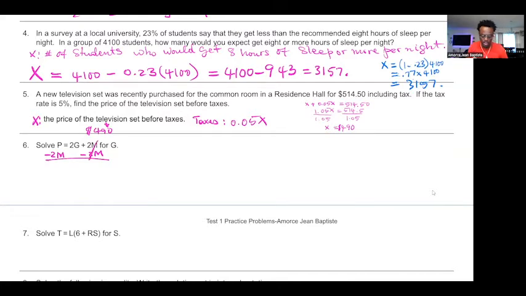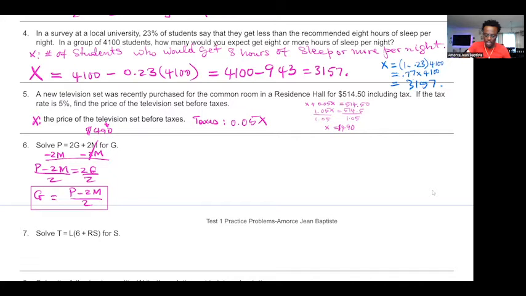That simplifies this, and then P minus 2m equals 2g, divide by 2 to isolate the g, and then g equals P minus 2m over 2. But if you want to continue to simplify, that can be your final answer here. I don't force you to take any further step.